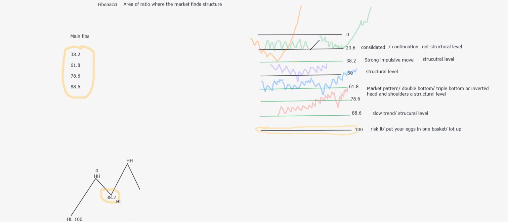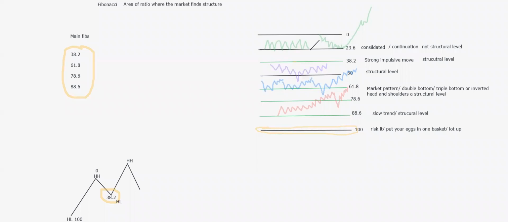Okay, so let me make this clear. When price finds support at 38.2, sometimes you may see situations where price might not even have a strong impulsive move, right?